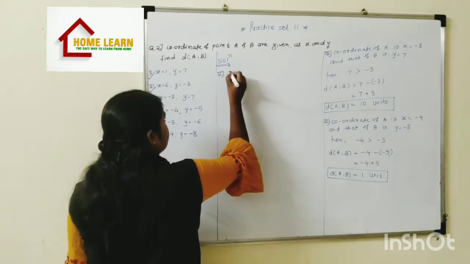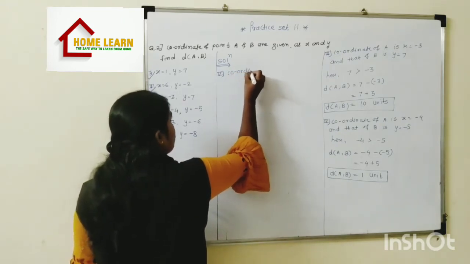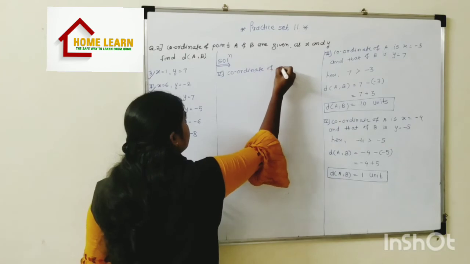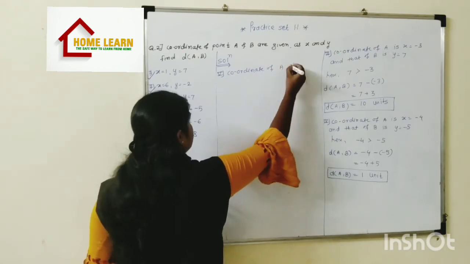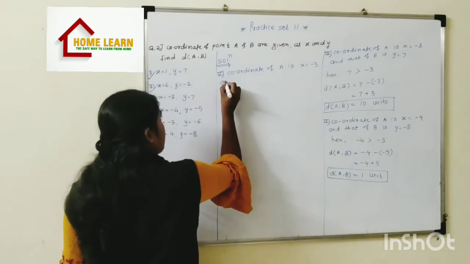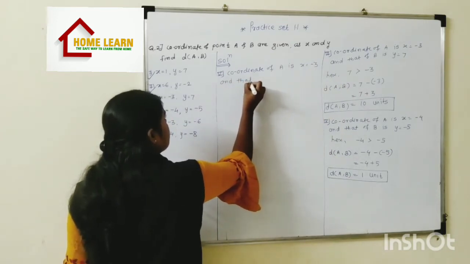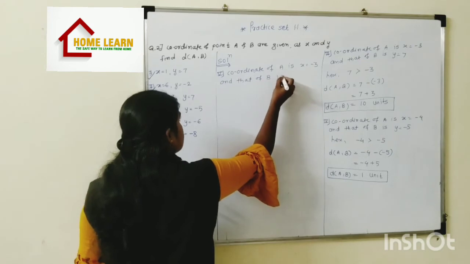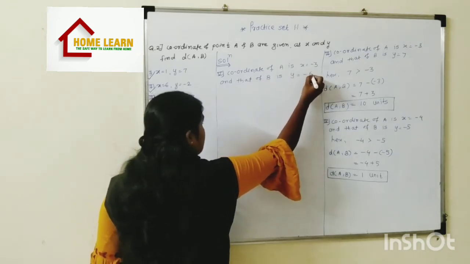So first write here, the coordinate of A is x is equal to -3, and that of B is y is equal to -6.